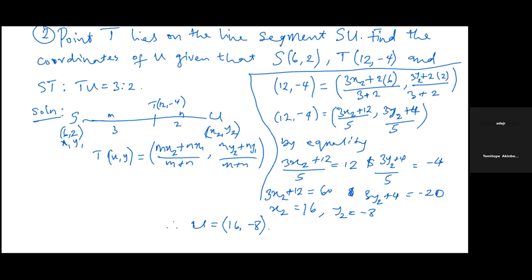The left-hand side coordinate is 12, minus 4. The right-hand side coordinate is 3S2 plus 12 over 5, 3Y2 plus 4 over 5. Since the coordinates are equal to one another, the first coordinate on the left equals the first coordinate on the right. Similarly, the second coordinate on the left equals the second coordinate on the right. So that's what I mean by equality.